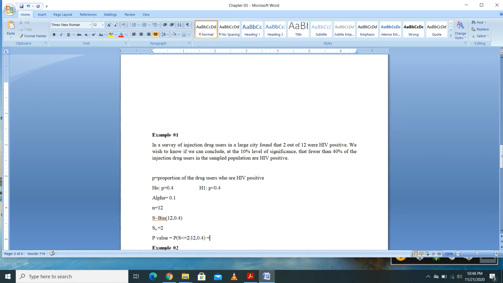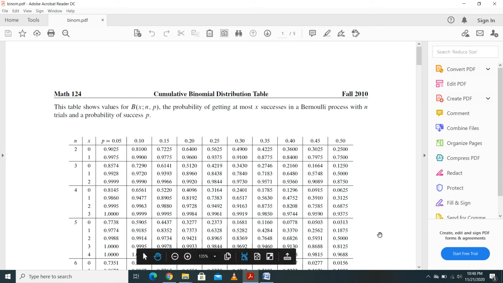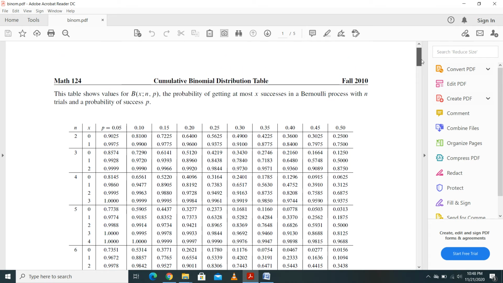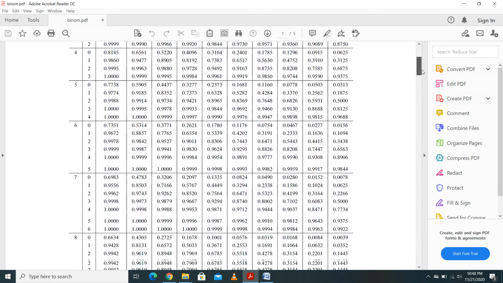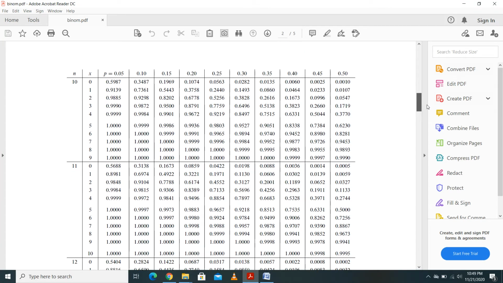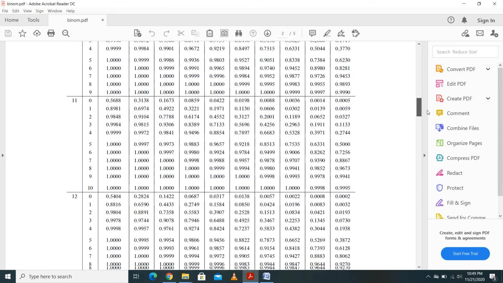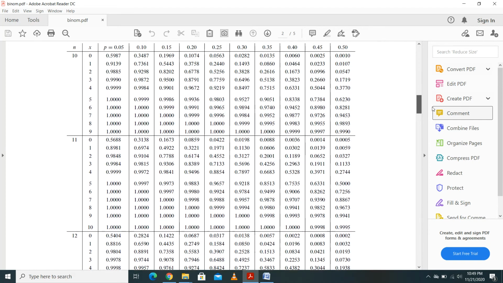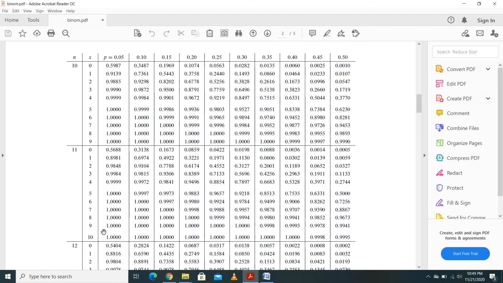So now from the binomial table we need to find this out. I'll just have a look at the binomial table. Now our sample size is 12 in the binomial table.